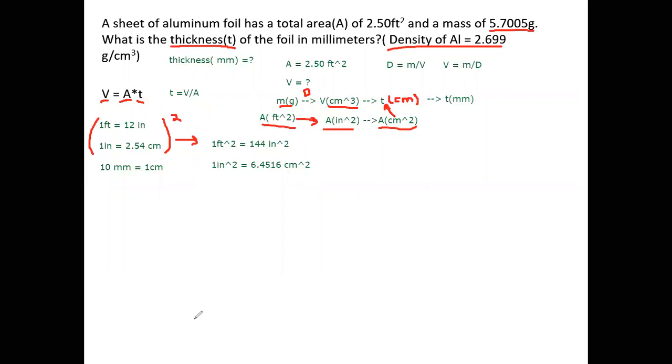And so the way you can interpret the density, if you write it as a conversion factor, is that 2.699 grams equals 1 centimeter cubed. So now we set this up. We're going to start with the mass, and we're going to convert it to volume. So the mass is 5.6. Since we're starting with grams, in our next train track, grams goes on the bottom, and centimeter cubed goes on top.